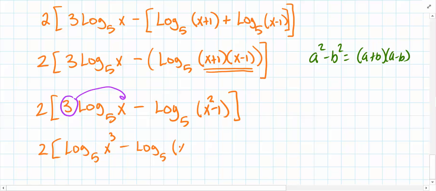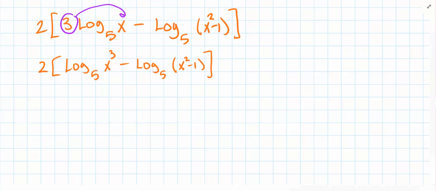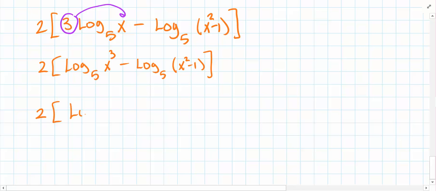Okay. Now, working inside the parenthesis, I have a minus sign. So it's going to be 2 times log base 5 of, I'm going to do x to the third divided by x squared minus 1, because that's the quotient property. And then lastly, I can see that this 2 came from the exponent on the whole thing.